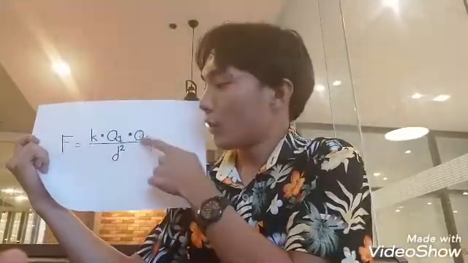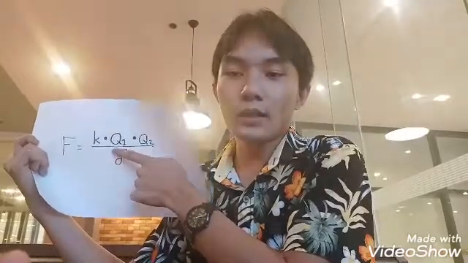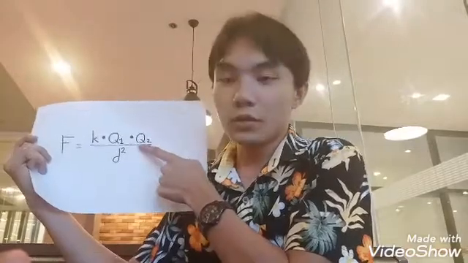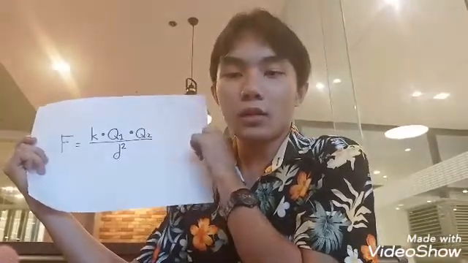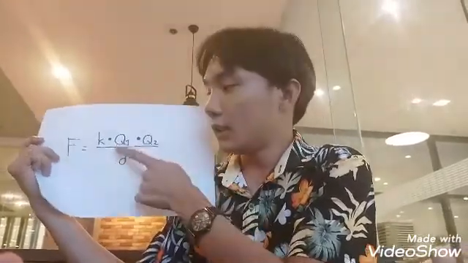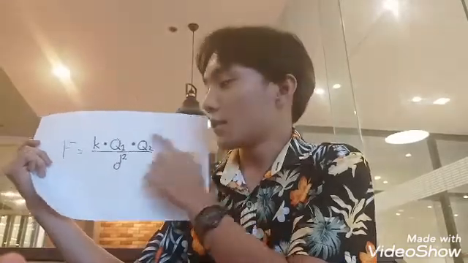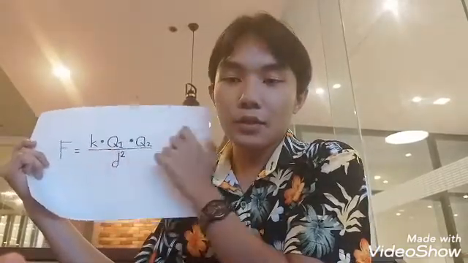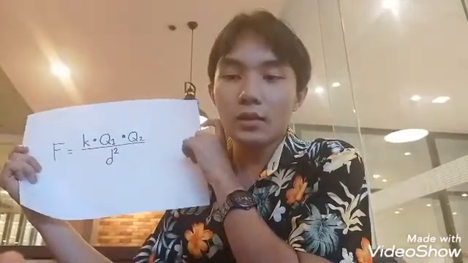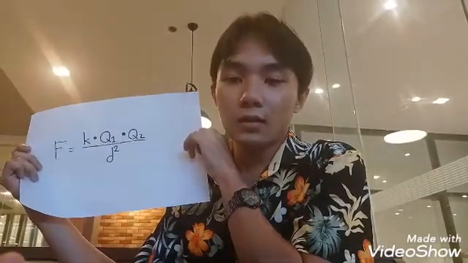where Q1 represents the quantity of charge on object 1 and Q2 represents the quantity of charge on object 2, and d represents the distance of separation between the two objects. The symbol k is a proportionality constant known as the Coulomb's law constant.